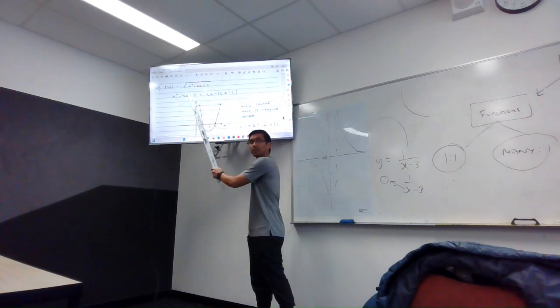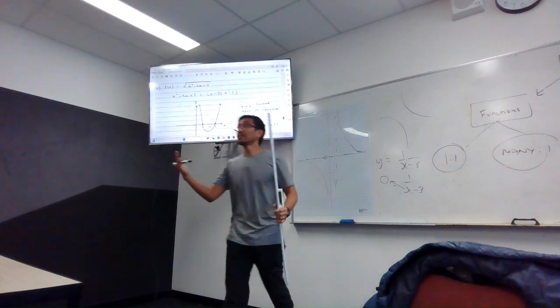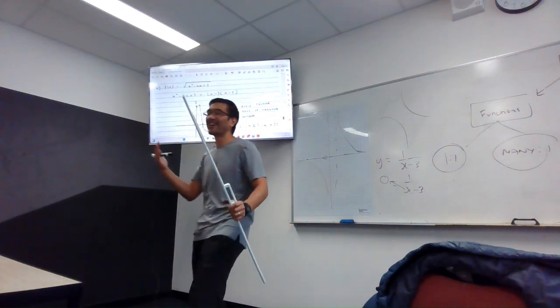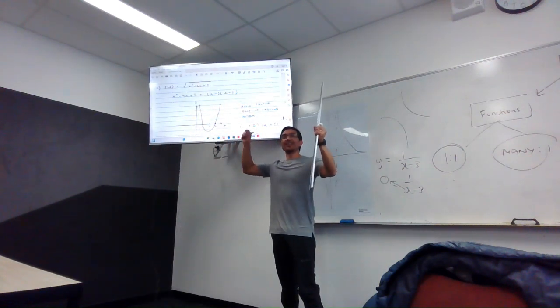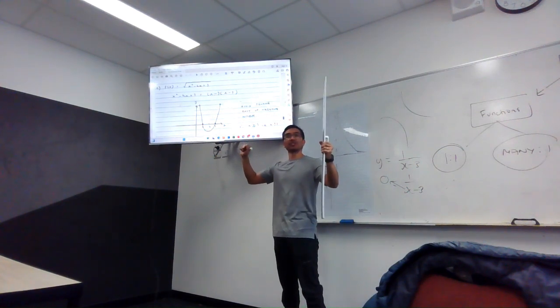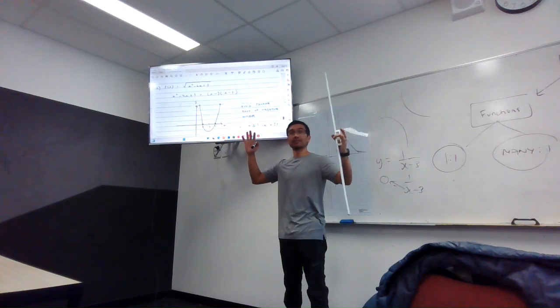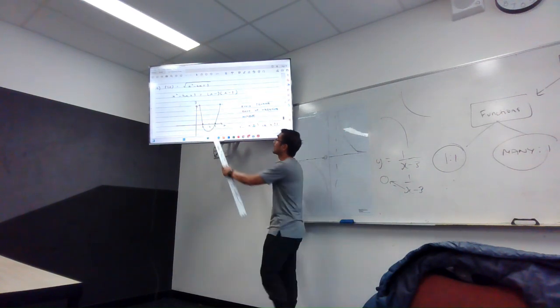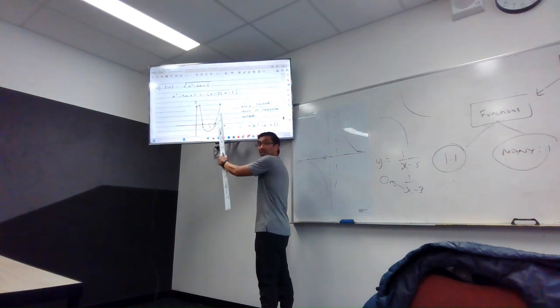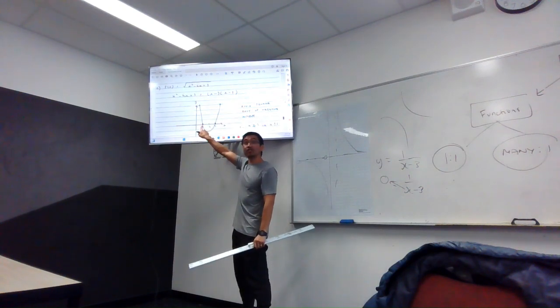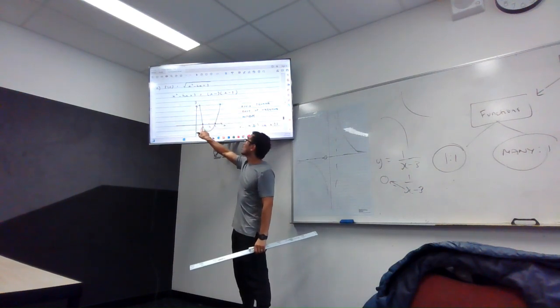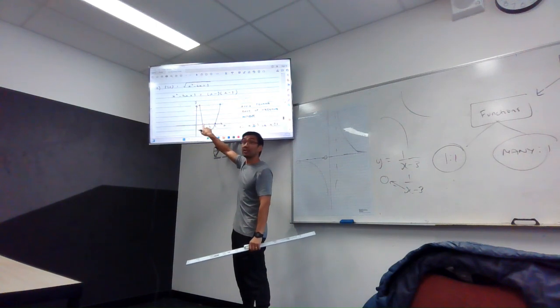What don't we like about square roots? What can't happen with square roots? Square root of a negative. What does that mean? Although we have a quadratic, we are not interested when it dives into the negative area between 1 and 3.